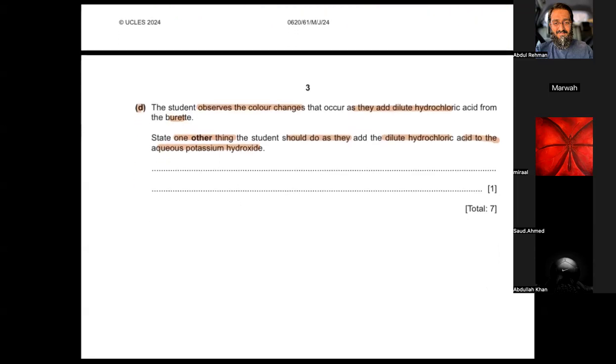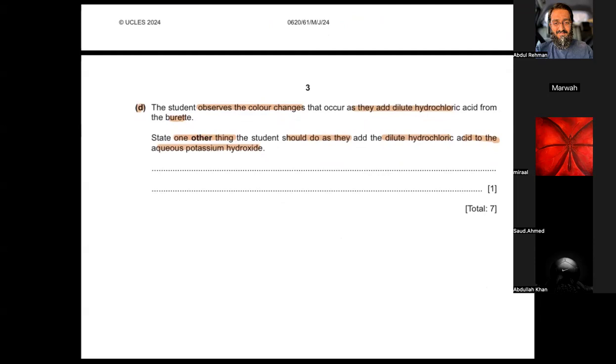No, stirring is not the correct word. Stirring is when you put a glass rod in and move it around, that is stirring. So it's better you say swirling, because you are shaking the conical flask either clockwise or anti-clockwise to make sure whatever we are adding from the burette into the conical flask will be mixed completely.